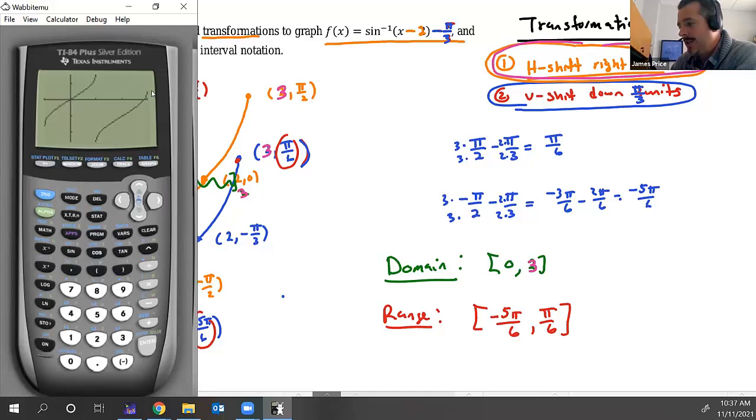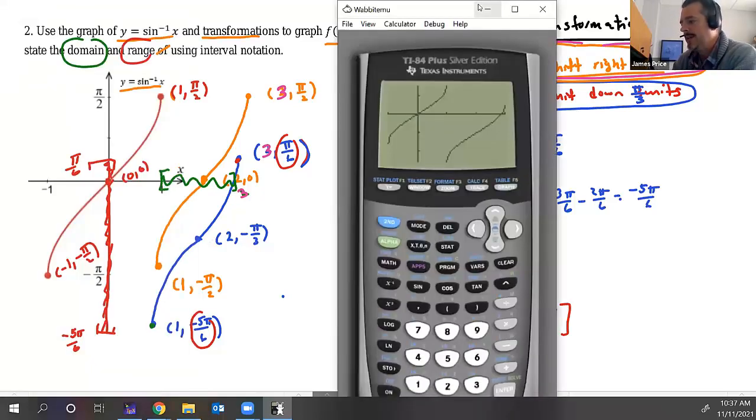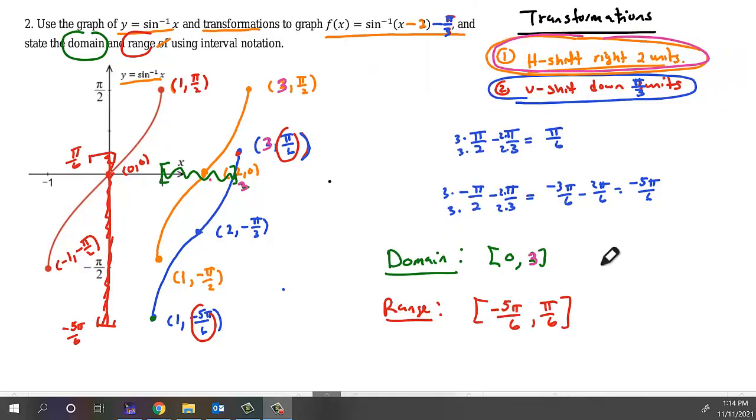You can see how it shifted over 2 units and then shifted down pi over 3 units. So always check your work if you can. It's super easy to make mistakes. But of course, if you show your work, you'll minimize any sort of losses.